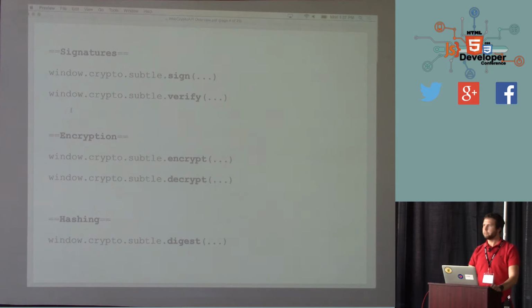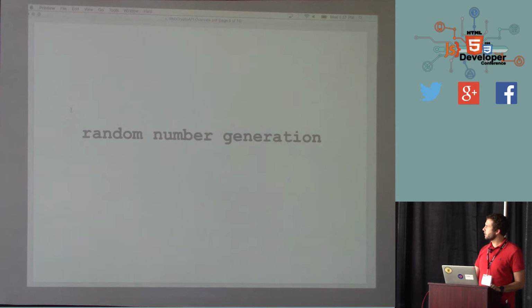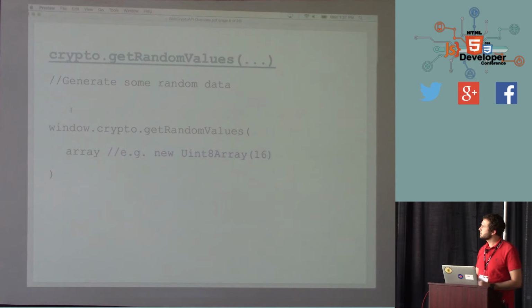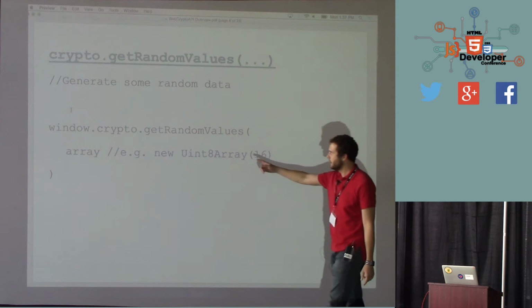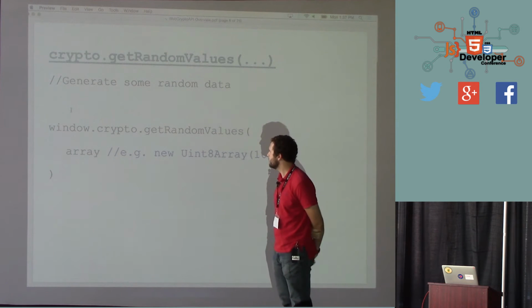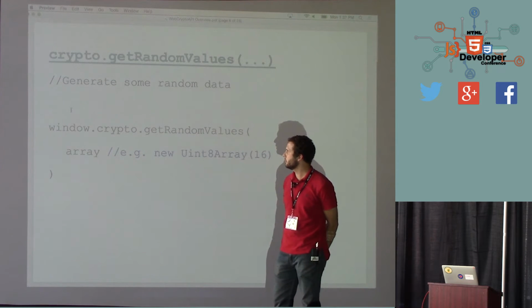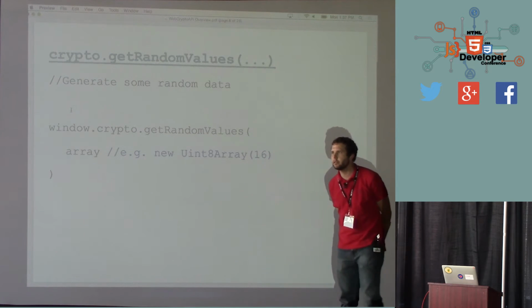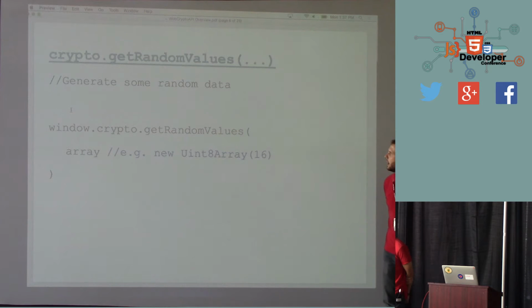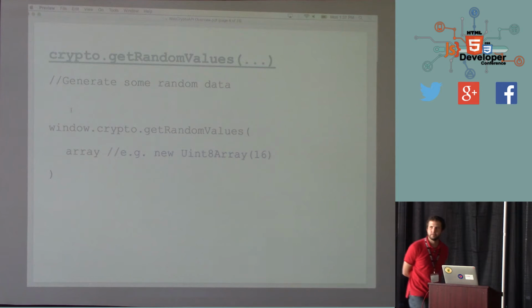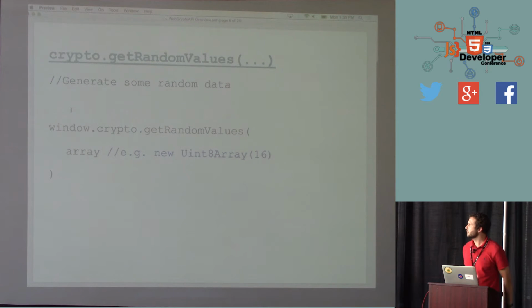So, okay. So to start off, random number generation. It's pretty easy. You pass it an array buffer, or well, a typed array, and it will return a typed array of the same length of that same type filled with random numbers. It's pretty straightforward. It's actually really awesome. So I would highly recommend using this.